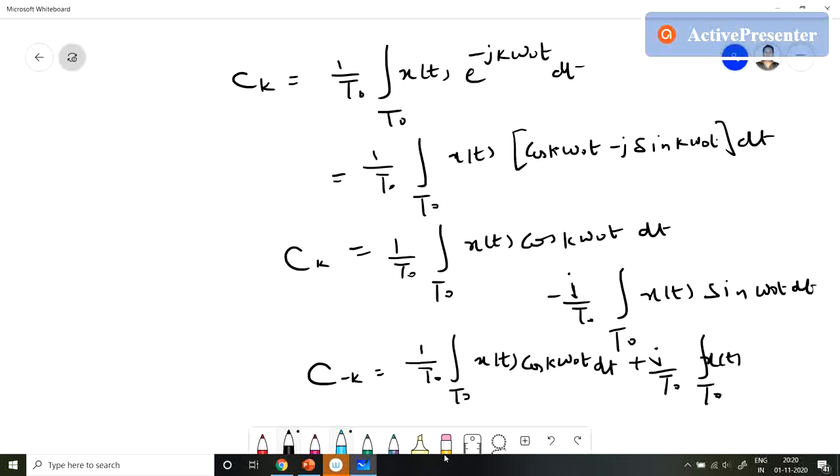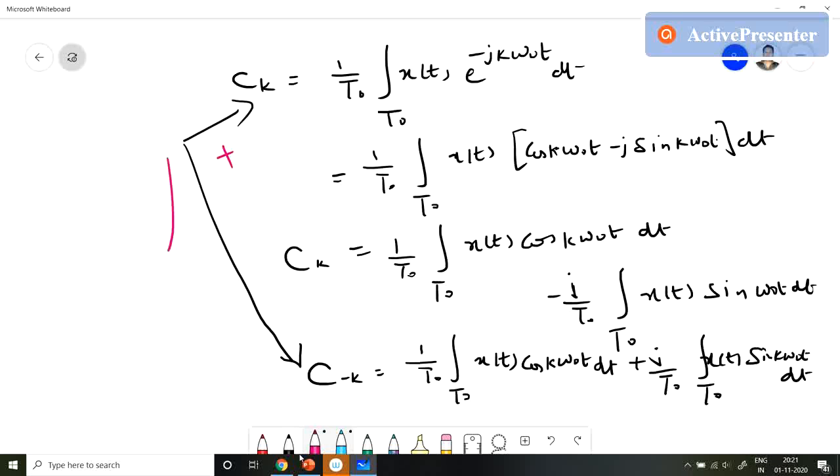So it is x(t) sine k omega naught t into dt, because sine is odd and cos is even. Now if we add these two equations, what will we get?